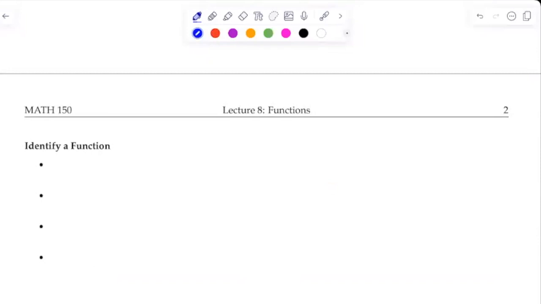So to identify a function, you need that one input corresponds to exactly one output. Let's write down the definition first, and then I will give you an example to clarify these conditions.